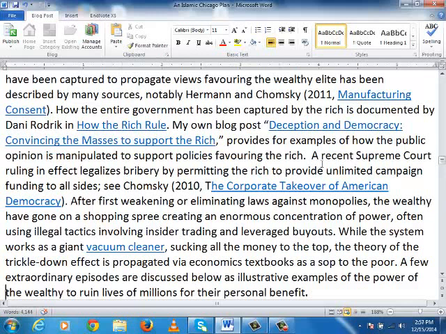So the entire government has been captured by the rich, and there is a lot of evidence for this. It could have been in a hundred countries like Pakistan, but when we are talking about the European countries like Germany and other countries, they have the same policies there.